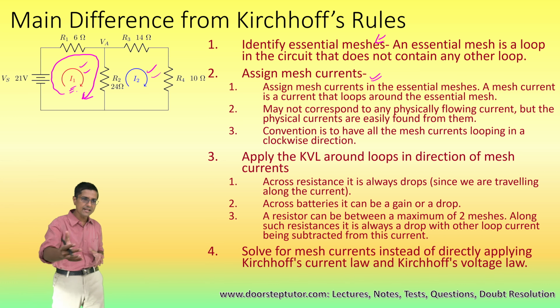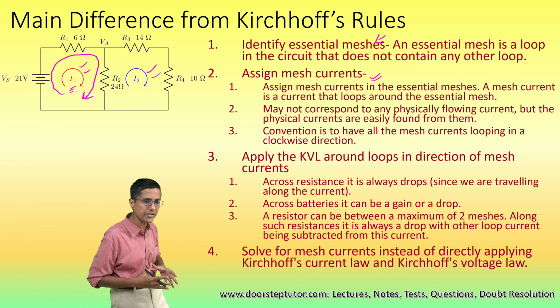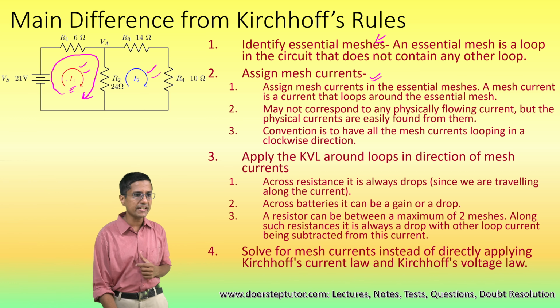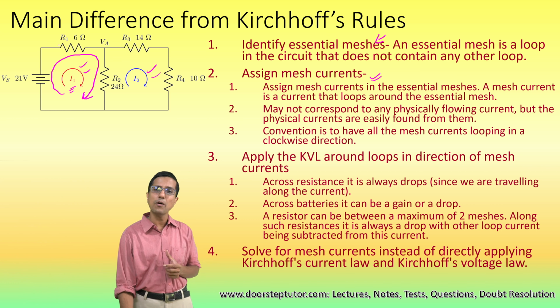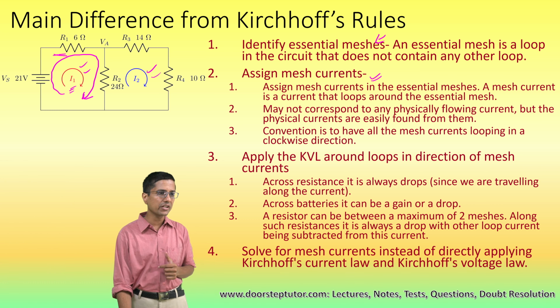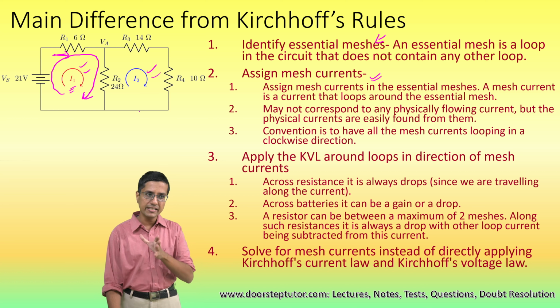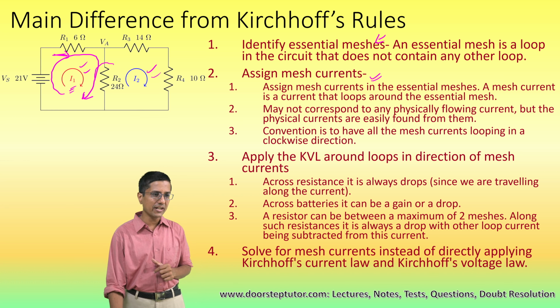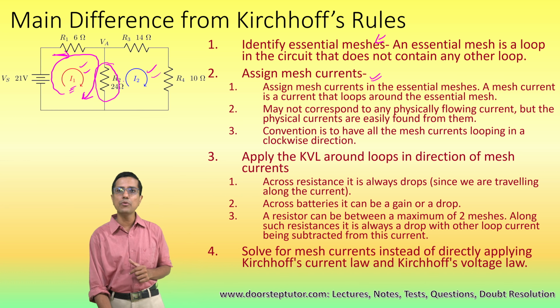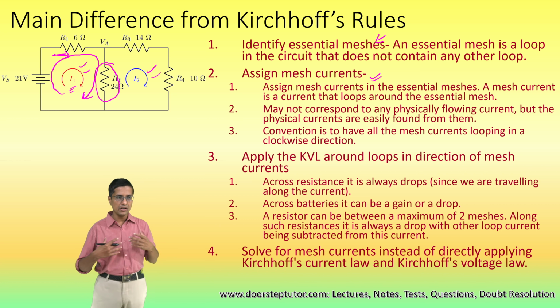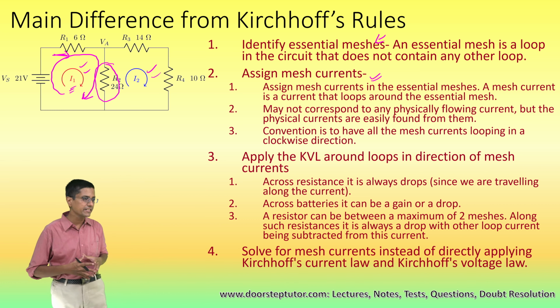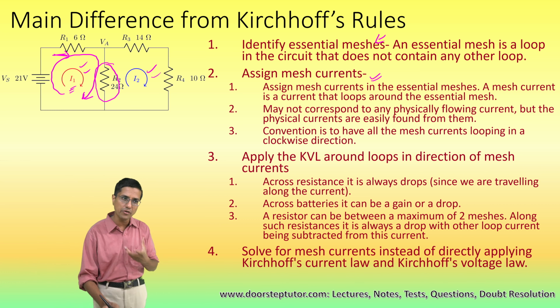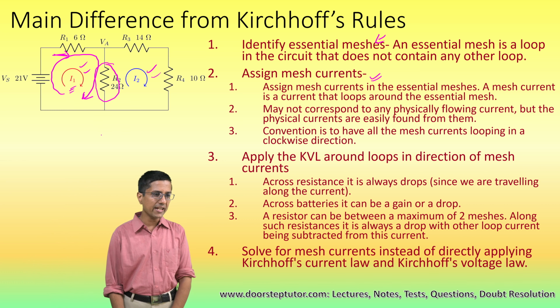Now, if you follow this convention, across the resistance we will always have potential drops, because we are moving in the direction of the current. That is the first thing. At the intersection of the two meshes, the resistance would contribute a potential drop, provided that if I am analyzing mesh 1, I write the current as I1 minus I2.